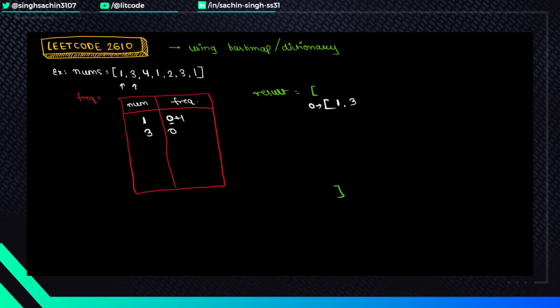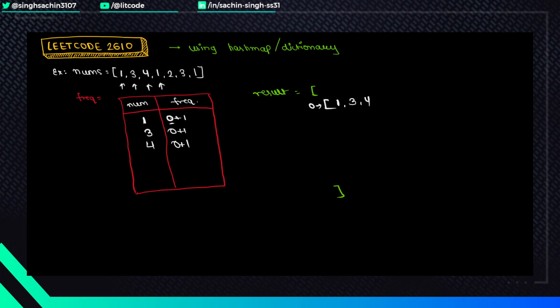In the 0th row, we'll add 3, and after adding 3 in here, we will add 1 into the frequency. Now we have 4. Same, 4 is at 0, we'll add 4 in the same 0th row, and at the end we'll add 1 in it. After that, we again get 1. So now 1, we have already seen 1 once before, right?